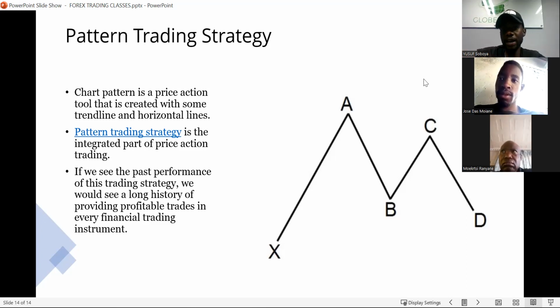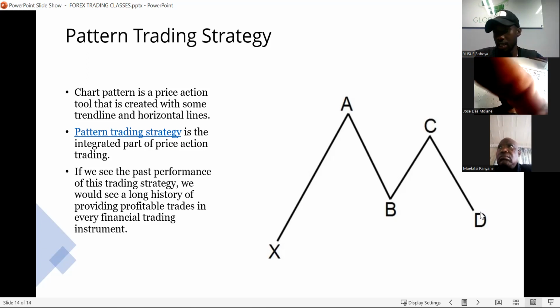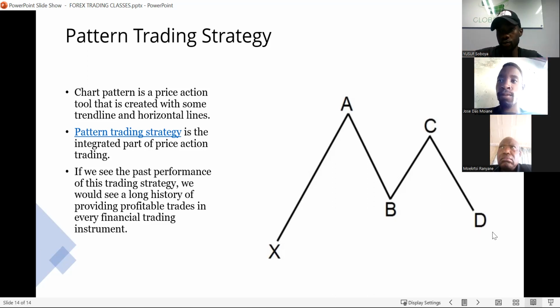All these patterns have meanings. If the market goes like this, it means something. It means when it gets to the D, the next possible move will be all the way up, or it might break to get to the X. So all these angles mean something. These are called the pattern trading strategy.